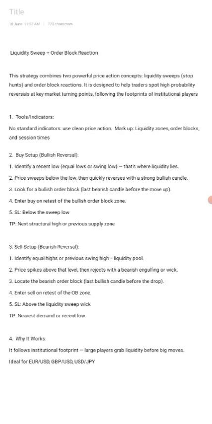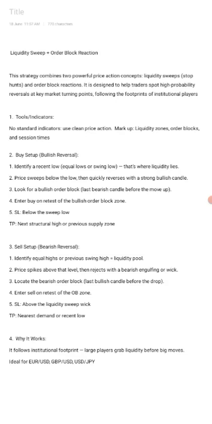Now the other one is the sell setup. You need to identify equal highs or a previous swing high, and the swing high equals liquidity, which is a liquidity pool.